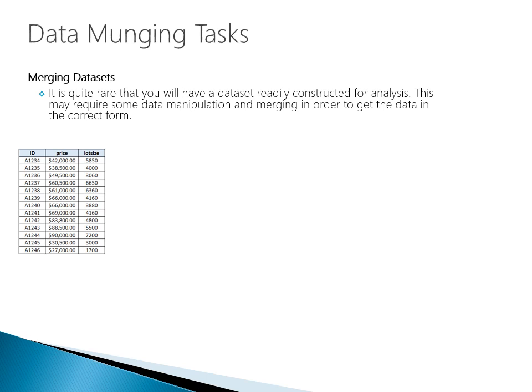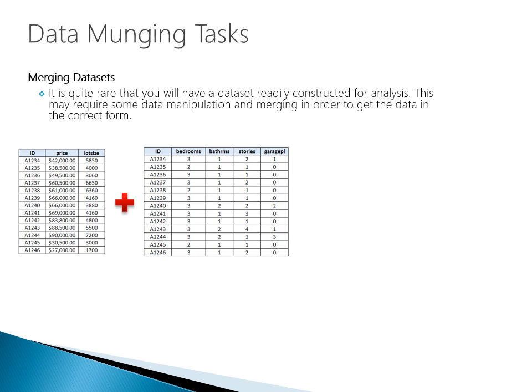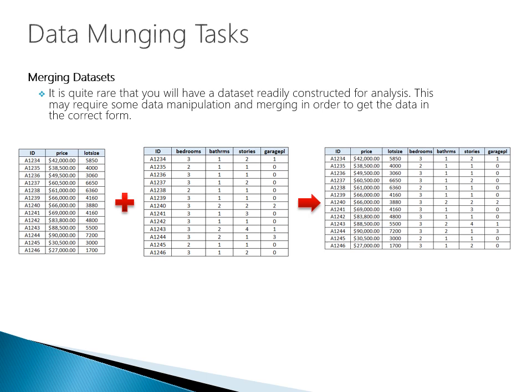It has a unique identifier, a primary key, if you will, and then it has price and lot size, and it has some variables. And I've got another table with the same primary key and other pieces of information. Well, I can take this and I can merge them together into one comprehensive data set.